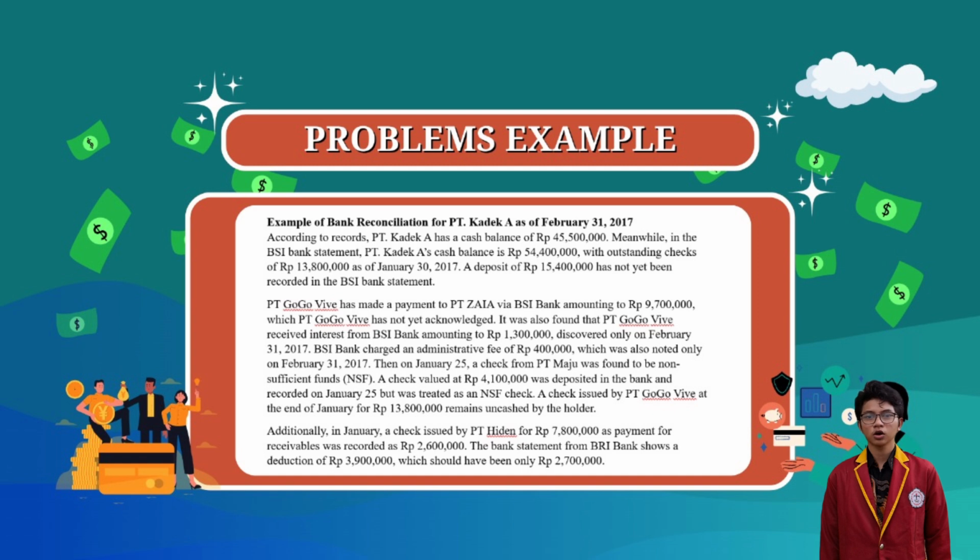NSF check equals 4,100,000 Indonesian rupiah. Company recording error equals 1,200,000 Indonesian rupiah. Deposit in transit equals 15,400,000 Indonesian rupiah. Bank recording error equals 1,300,000 Indonesian rupiah. Outstanding check equals 13,800,000 Indonesian rupiah.